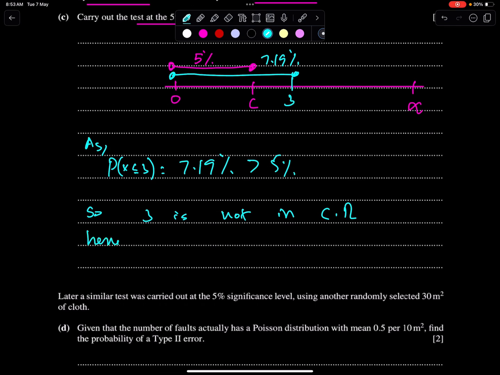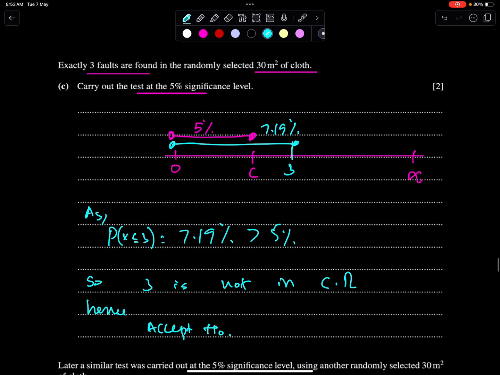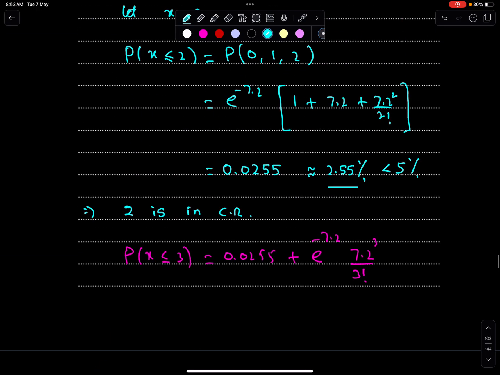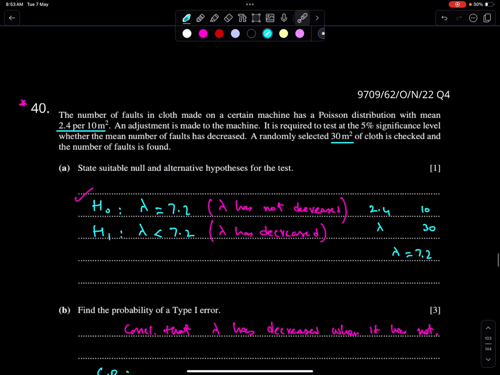hence accept H0. Since 3 is not in critical region, so accept H0, that is insufficient evidence that lambda has decreased. You can write in this way, or you can write sufficient evidence that lambda has not decreased. But it's better to write this thing.